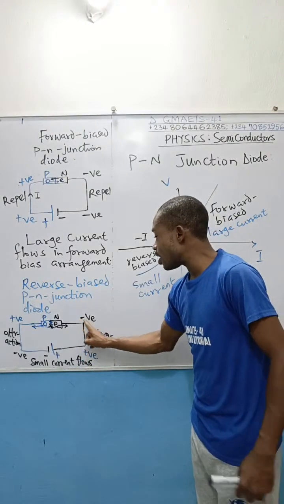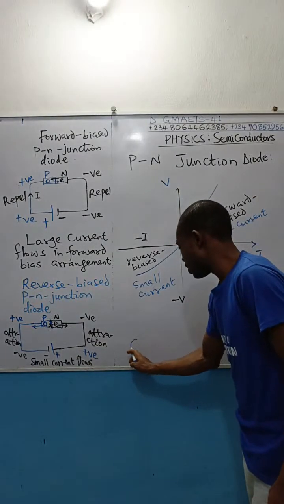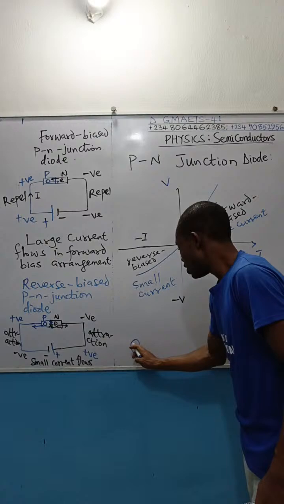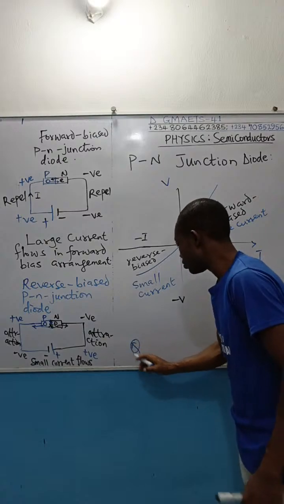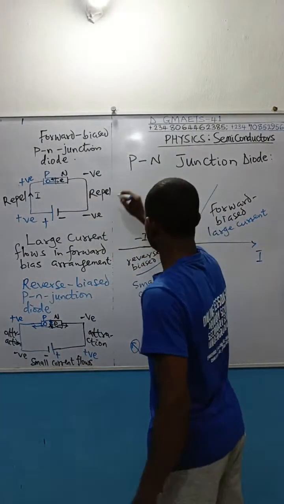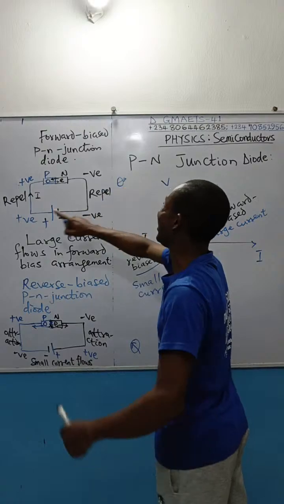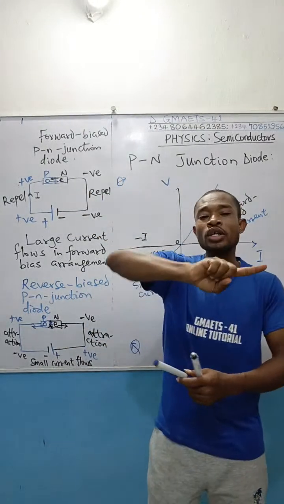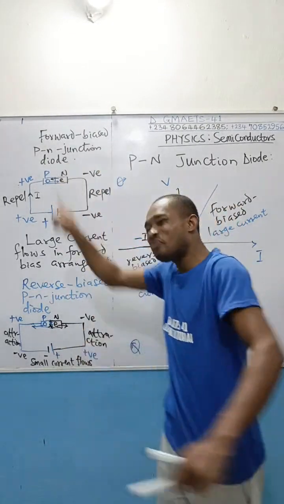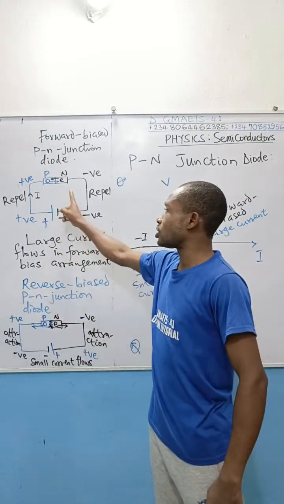If you fix a milliammeter in this case, maybe please permit me to draw something here. The milliammeter will face this direction. But here, if you fix it to be facing this direction, a large deflection. The pointer of that milliammeter will deflect very large, showing that more current is flowing here.